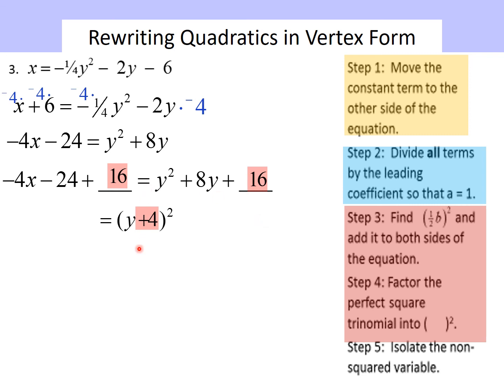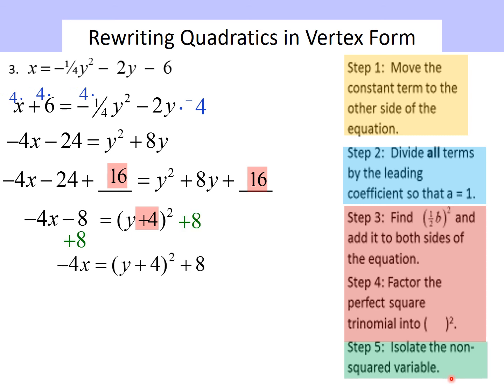So this is y plus 4, 4 squared, 16. Add 16 to both sides. The only like terms are these two. So I add those together and I get negative 8. I'm going to add 8 to both sides and I get negative 4x is equal to this quantity squared plus 8.